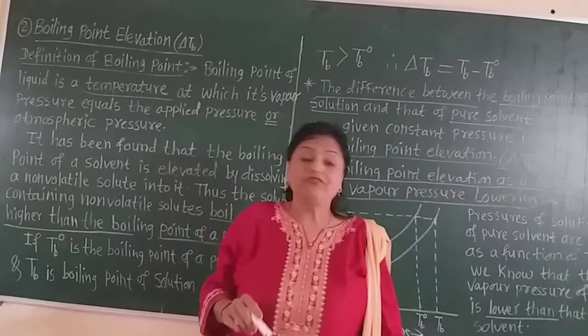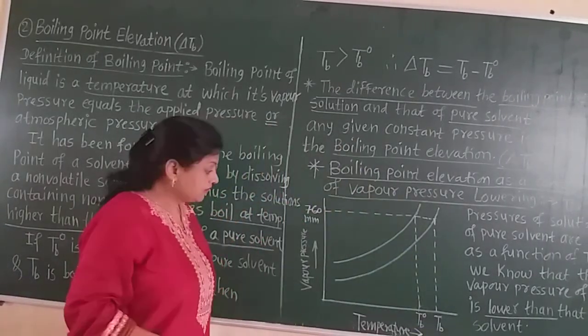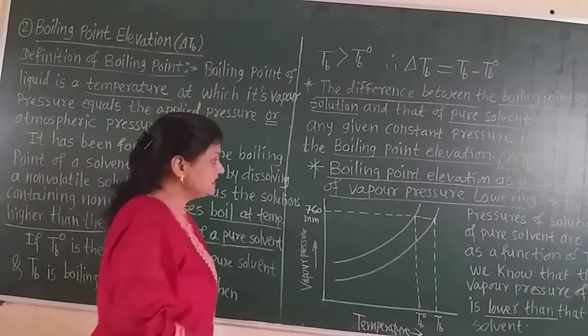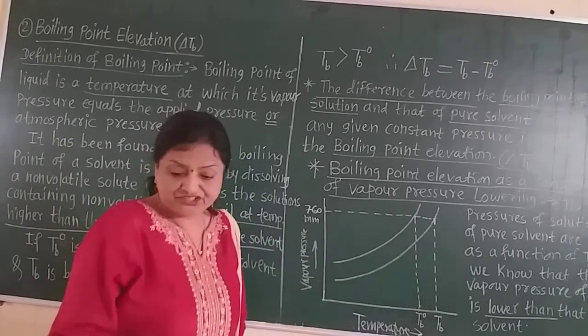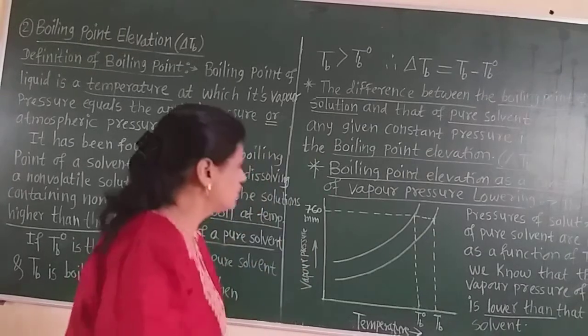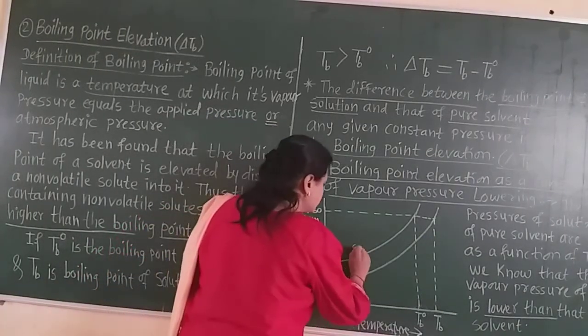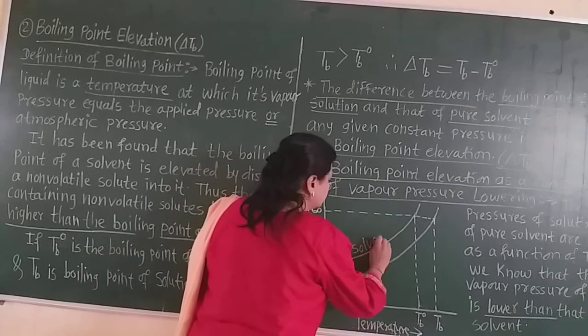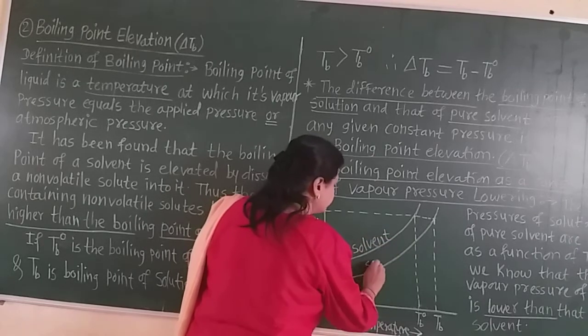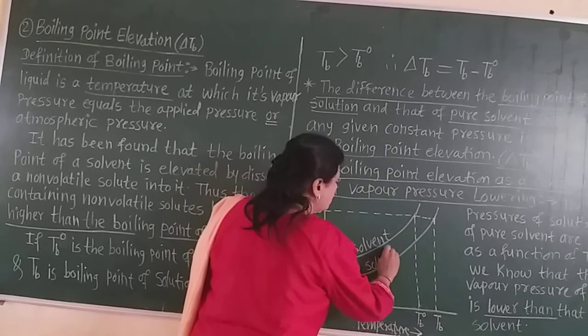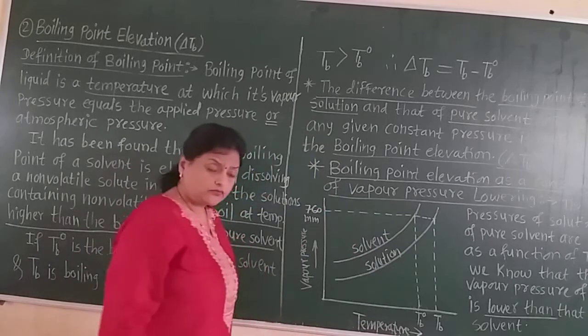That means, see this figure, suppose this is the vapor pressure temperature curve of the solvent, and this is the vapor pressure temperature curve of the solution.